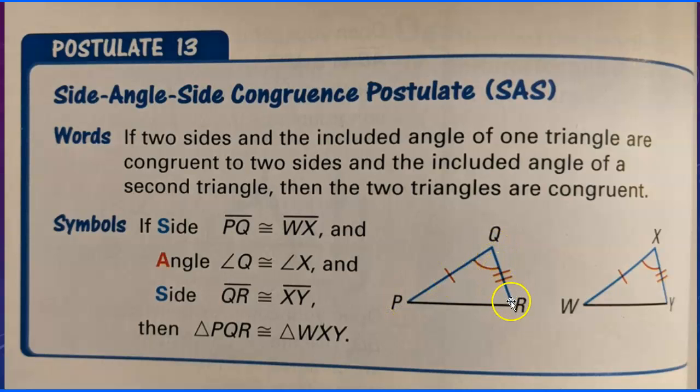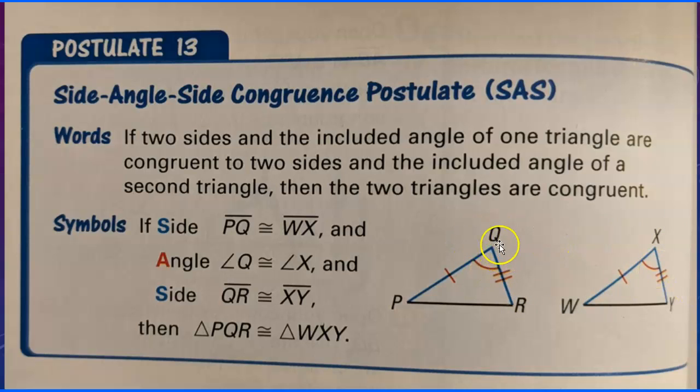So if PQ and QR, the angle sitting between those would be the congruent angle. And so PQ is congruent to WX. Then we have QR is congruent to XY.